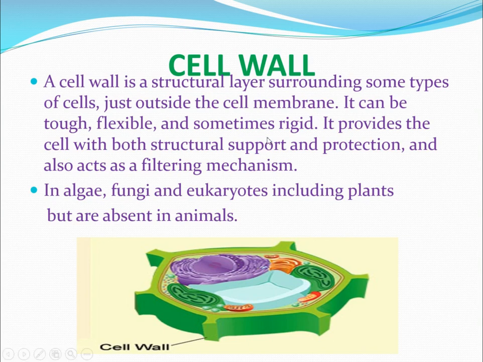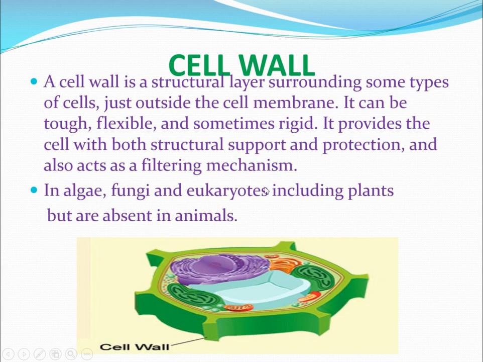It can be tough, flexible, and sometimes rigid. It provides the cell with both structural support and protection, and also acts as a filtering mechanism. It is found in algae, fungi and some eukaryotes, including plants, but is absent in animals.